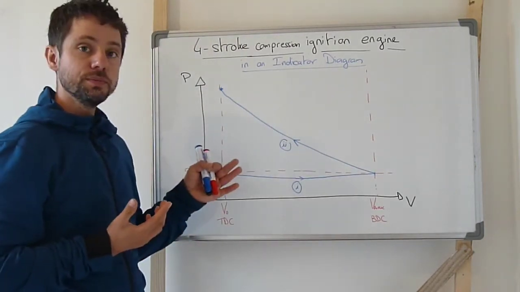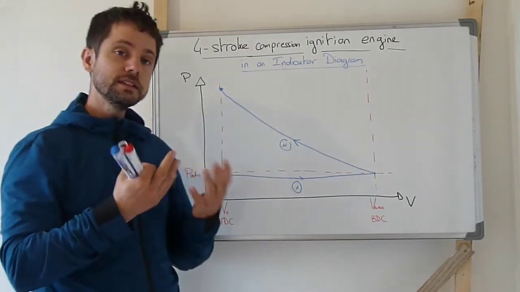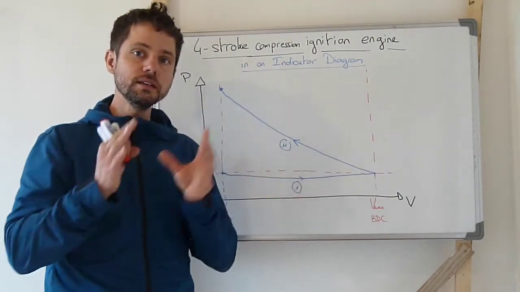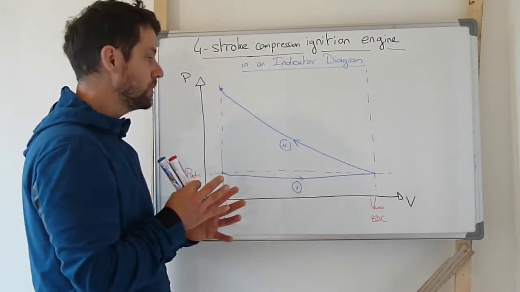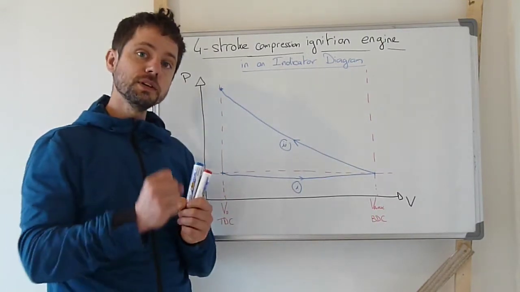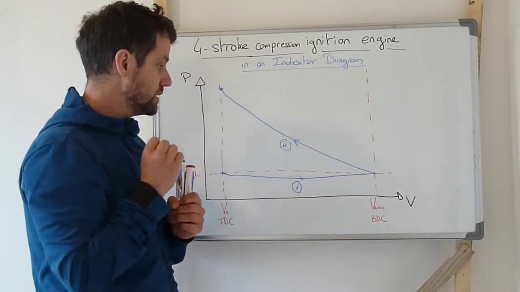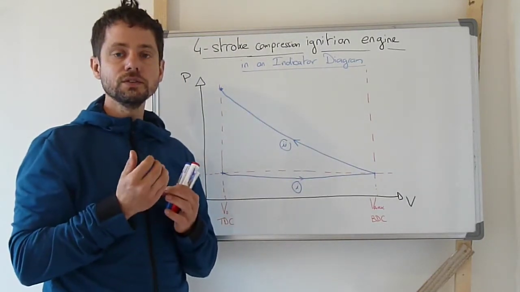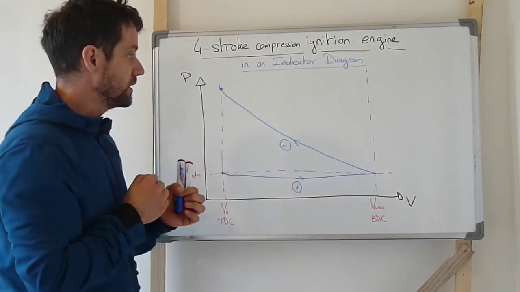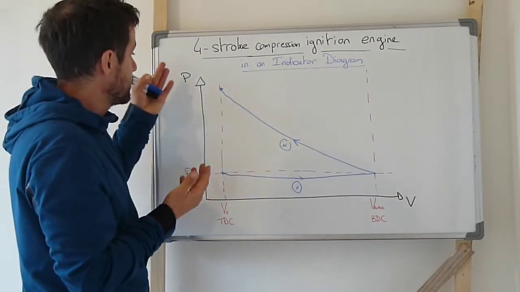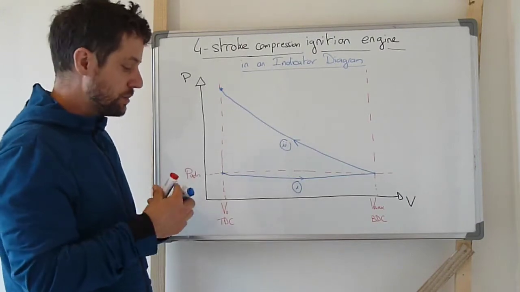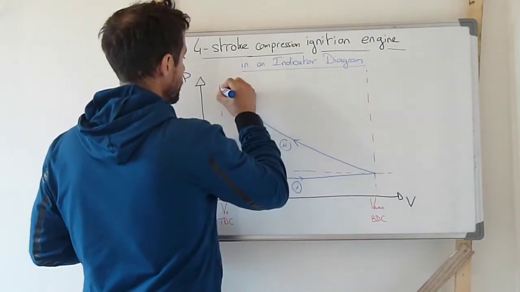As was said before, the heat released by the combustion tends to increase pressure and temperature inside the cylinder, while at the same time the volumetric expansion due to the piston moving downwards tends to decrease the pressure and the temperature. So finally the pressure profile in the indicator diagram will be flatter.